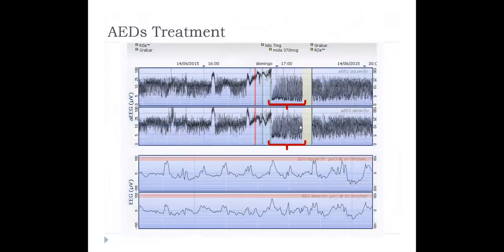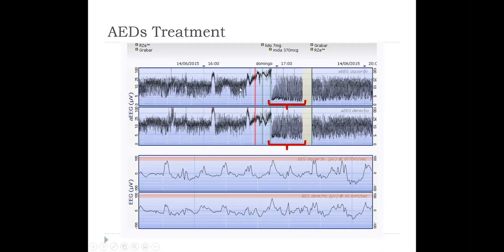But if you use midazolam, in this case you can see it was a status epilepticus. There is a mountain of activity, with a duration of around 30 minutes. We decided to start a bolus of midazolam, and you can see the change after the use.